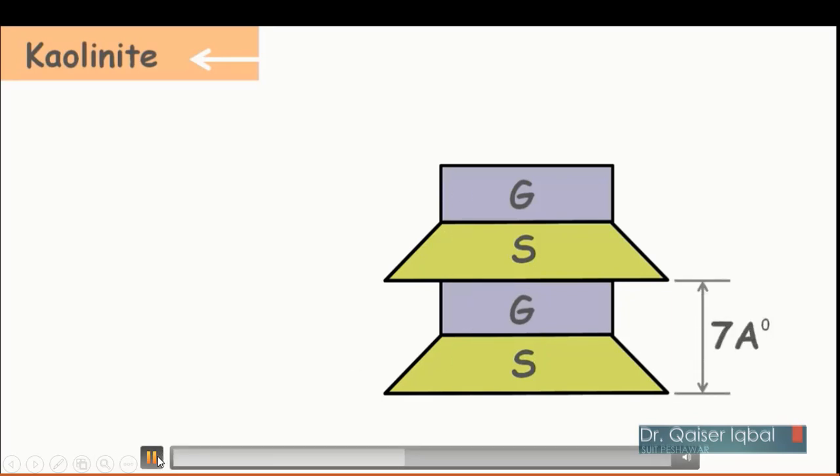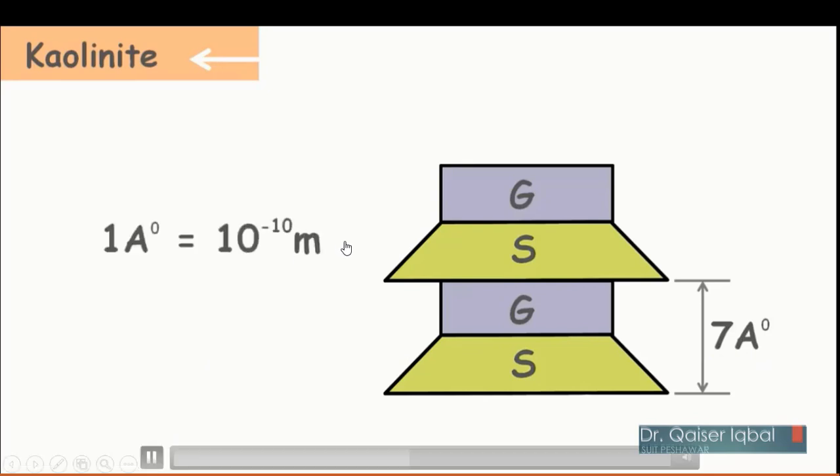Over here you can see that gibbsite being positively charged is connected to silica sheet, so there is a stronger bond, and the size of the one element is very small, which is 7 angstrom, as I discussed earlier.